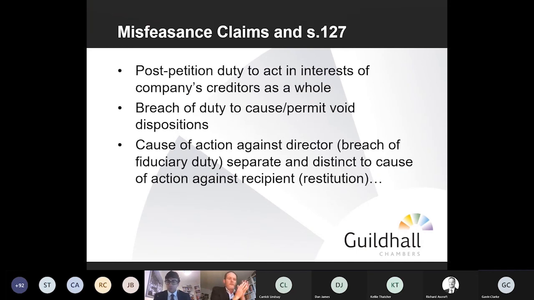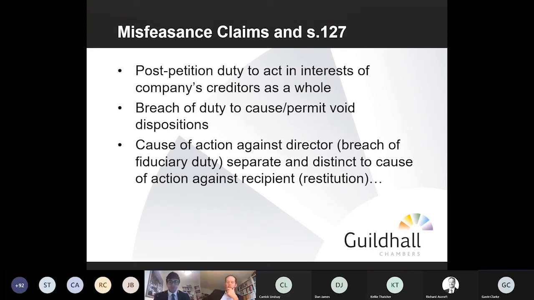So very commonly, we might have a situation where obviously because the petition is down, the duty to creditors will be engaged. So, you know, by reference to Sequana and other cases. So clearly, remember that if you cannot recover against the recipients, there will very commonly be a claim against the directors who allowed that payment to be made.